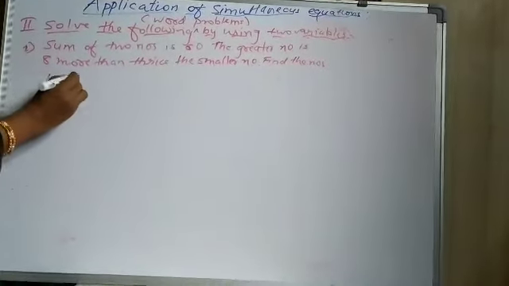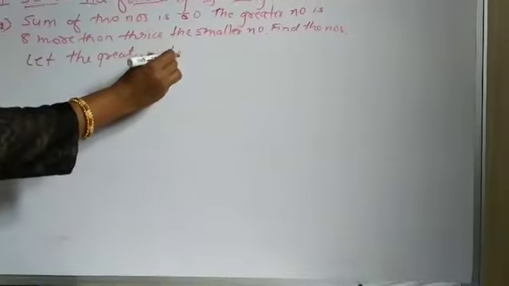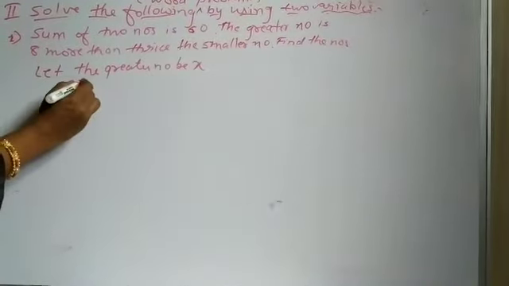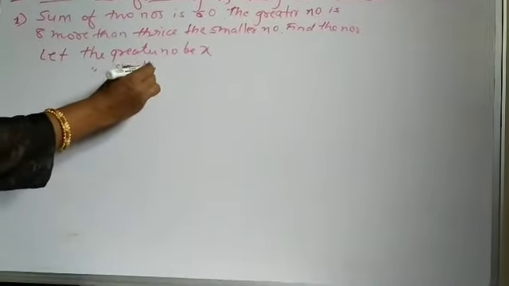Let the greater number be x and the smaller number be y. As per the first condition, see the first statement: the sum of two numbers is 60.